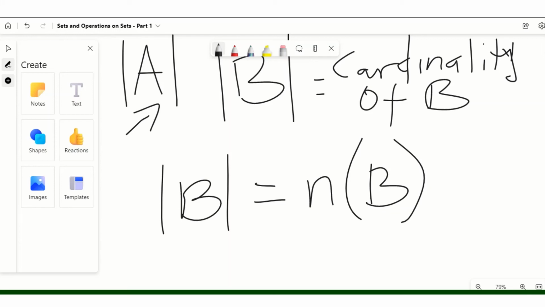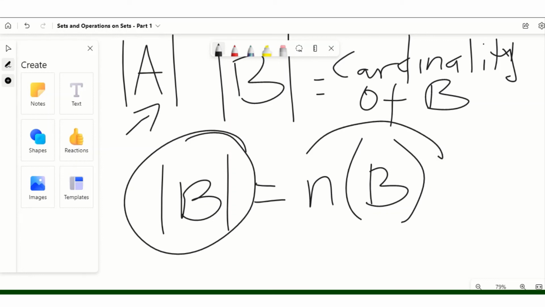Cardinality is synonymous with the number of elements in B. It means the same thing. So this is the cardinality of B, and this is the number of elements in set B. They are equal. So when you see these two lines with a set in between, don't be scared. It just means the cardinality of P, the number of elements in the set P.